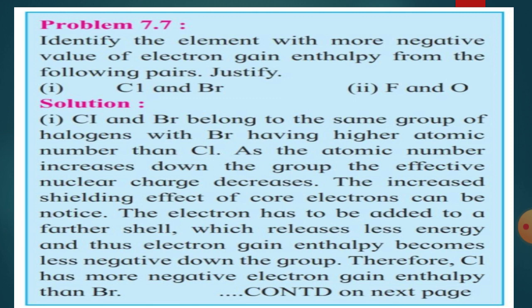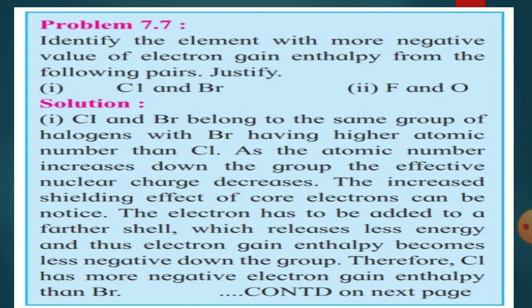The electron has to be added to a further shell, which releases less energy, and thus electron gain enthalpy becomes less negative down the group.